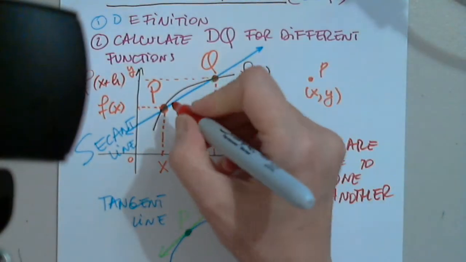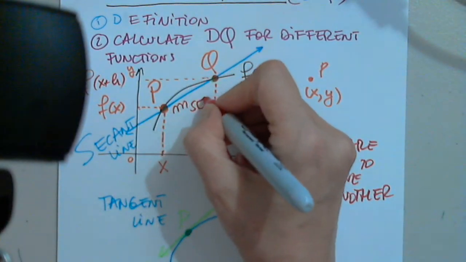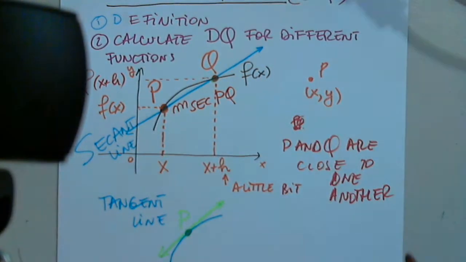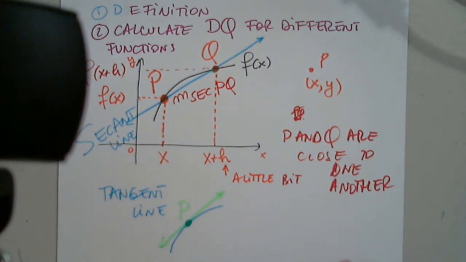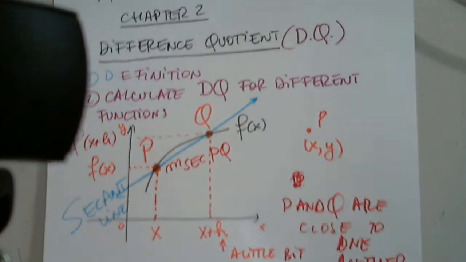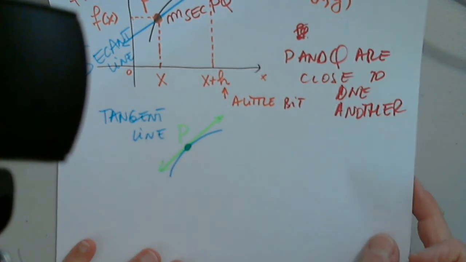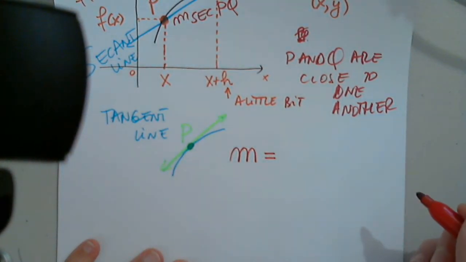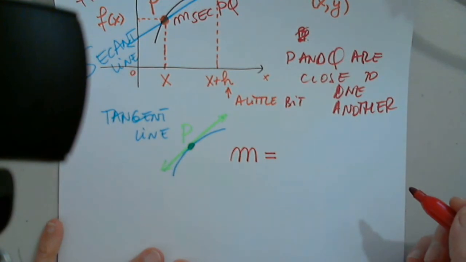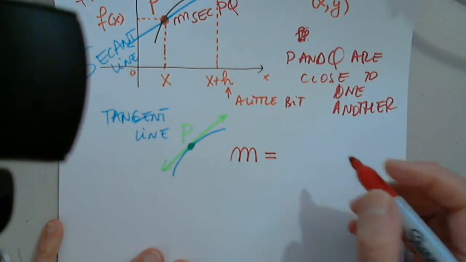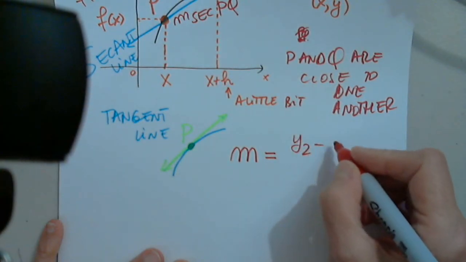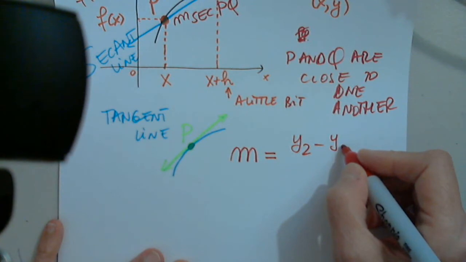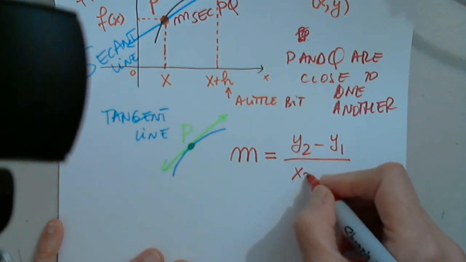Now, I would like to determine the slope of the secant line PQ. Does anyone remember how we determine the slope of a straight line? I will write the definition here. A line passing through 2 points: y2 minus y1 over x2 minus x1.